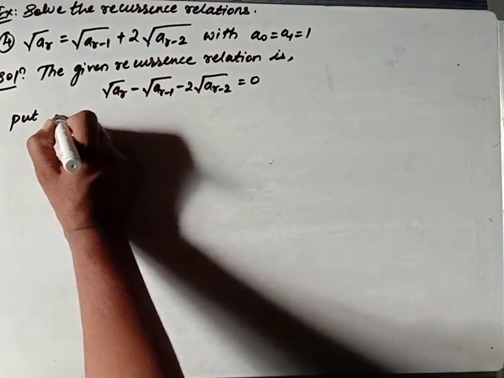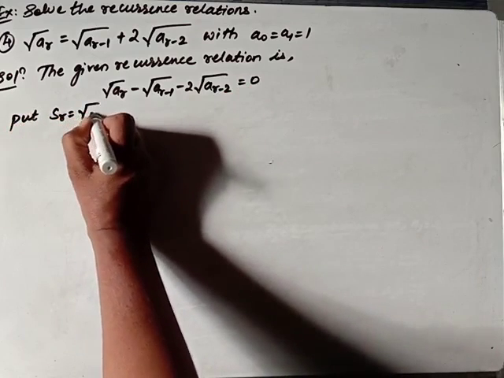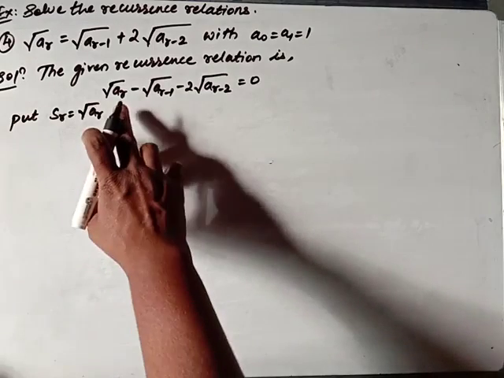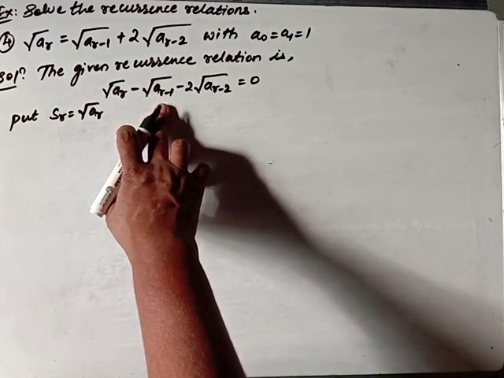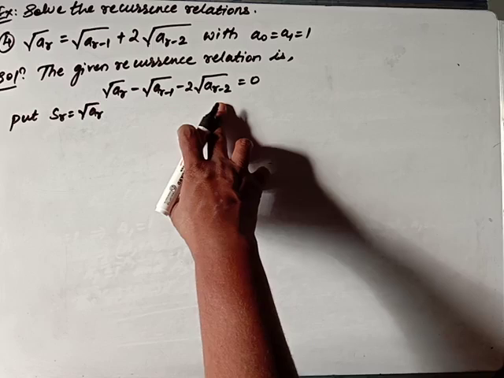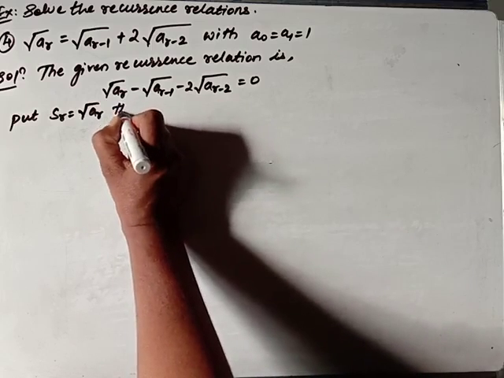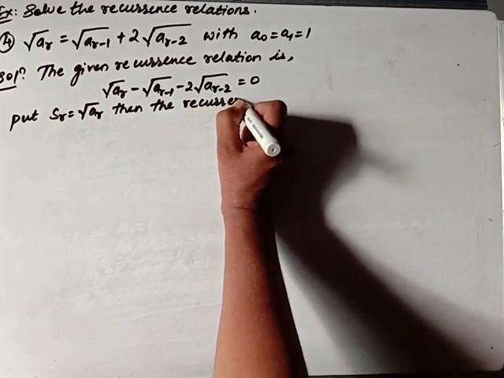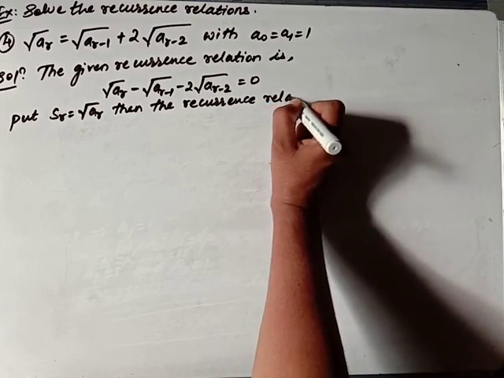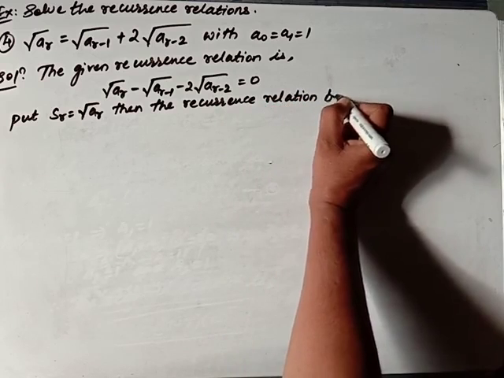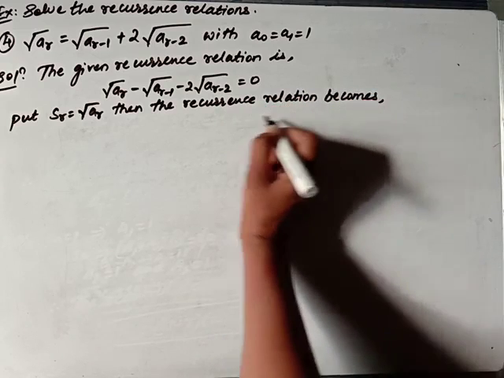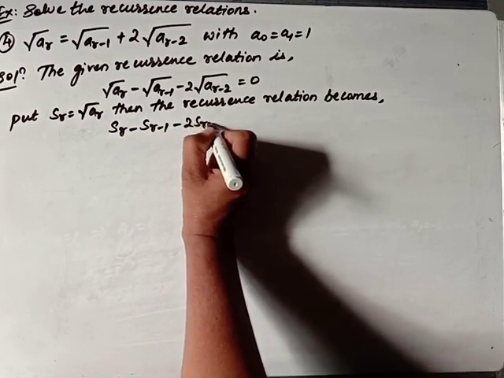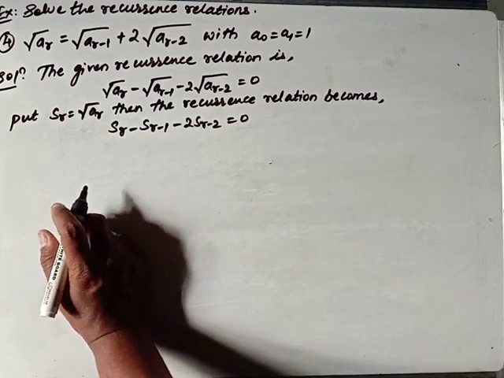So, now put s_r equal to root a_r. Then root a_{r-1} will be s_{r-1} and root a_{r-2} will be s_{r-2}. Then the recurrence relation will become s_r minus s_{r-1} minus 2 s_{r-2} equals 0.